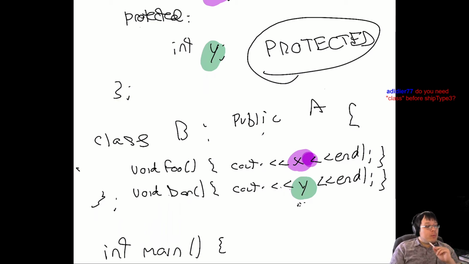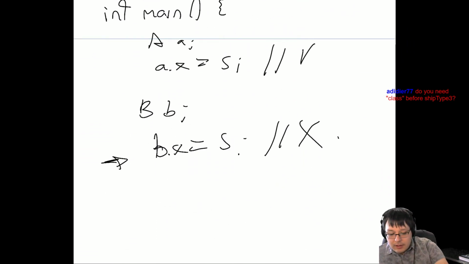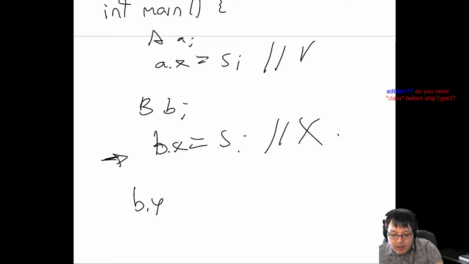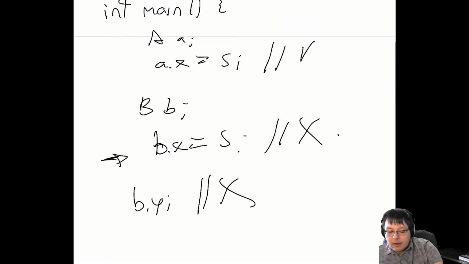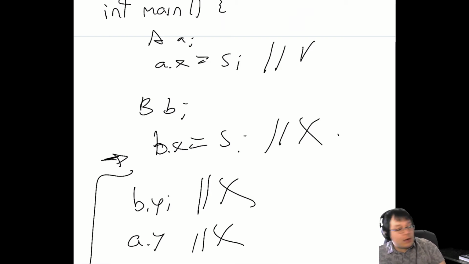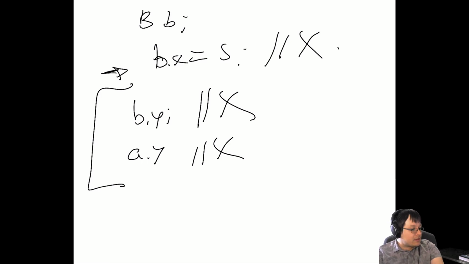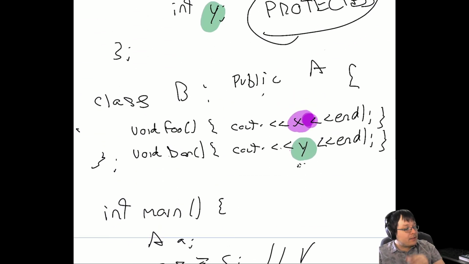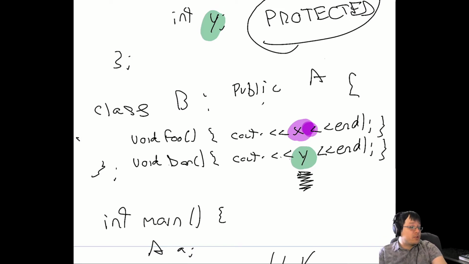So it will be accessible by the derived class, but outside the class, if I try to do b.y, this will give me an error, just like it would in A. Both will give me an error. So it'll be private for all intents and purposes outside of the class, but inside the class, unlike private, you will be able to access the variable inside of your class functions.